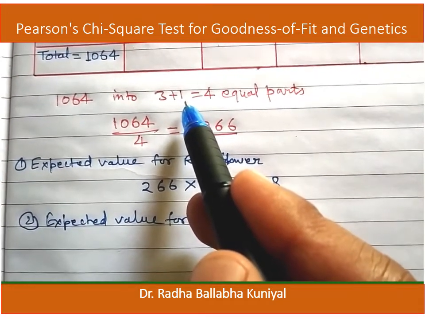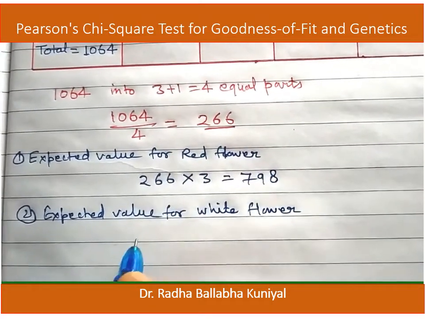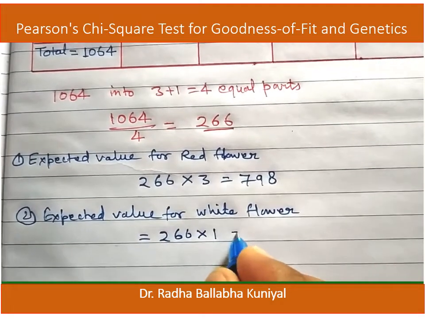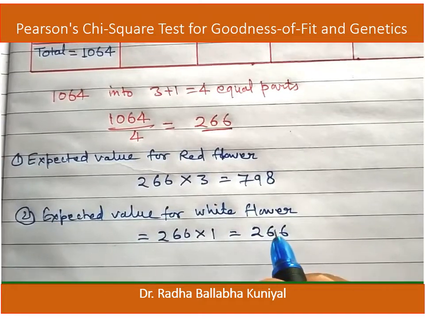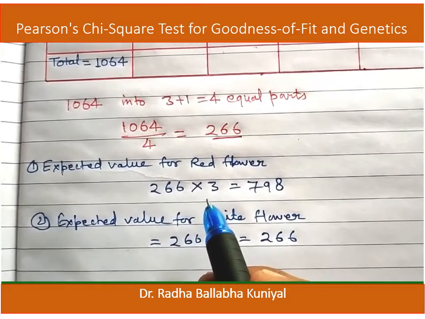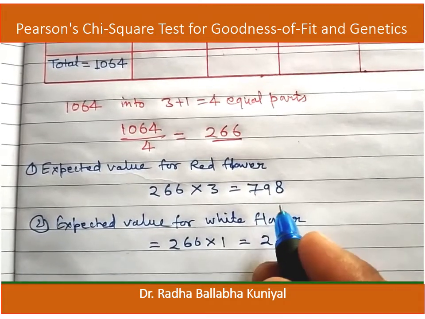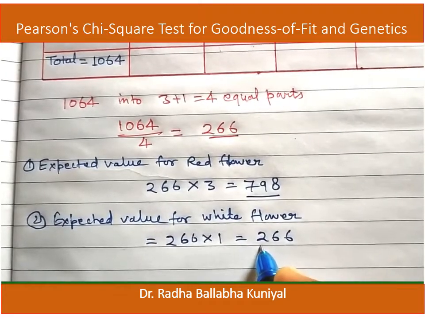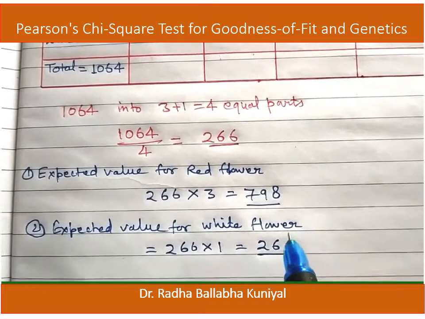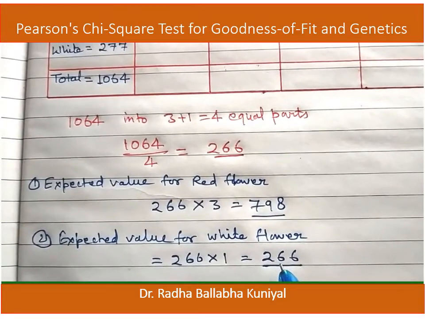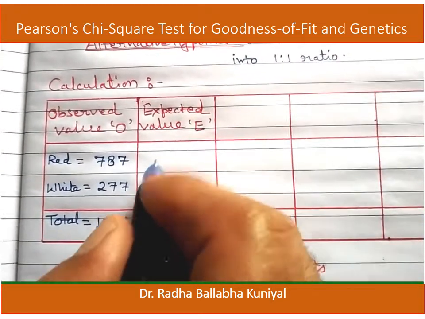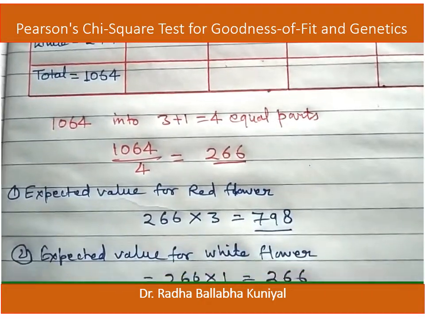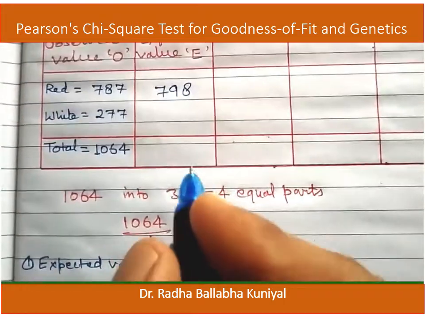So it has only one part, thus its value will be 266 multiplied by 1 equal to 266. Now we have the expected frequency for red flower as 798 and for white flower as 266. Now we will put these two expected values into the second column: 798 for the red flower and 266 for the white flower.